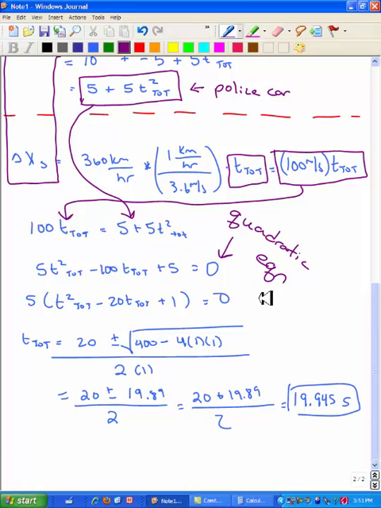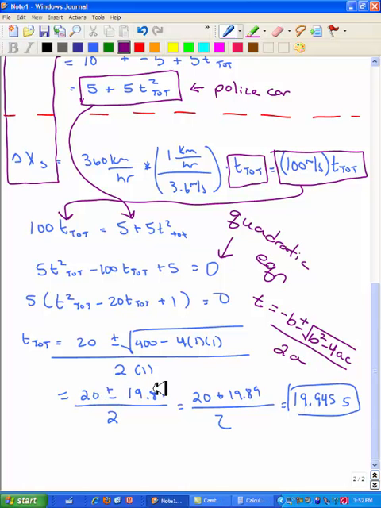T equals negative b plus or minus the square root of b squared minus 4ac all over 2a. Once we solve that, you will get two answers here.